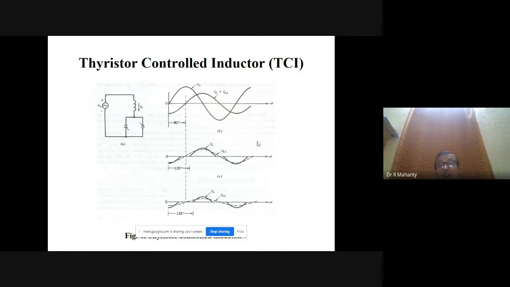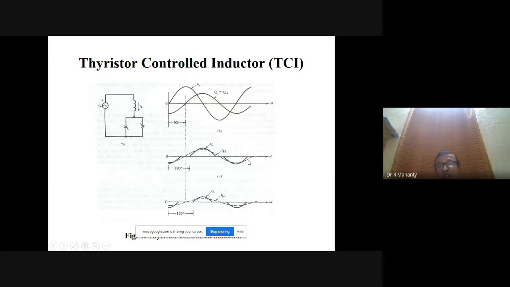Now suppose we have taken a value of alpha equal to 120 degree. So this IL, the current through the inductor, will be like this, shown by the solid line, and the fundamental component of the current will be shown by the dotted line.